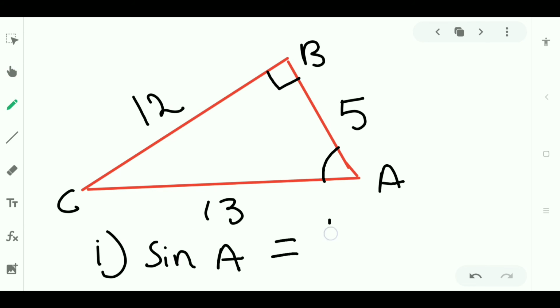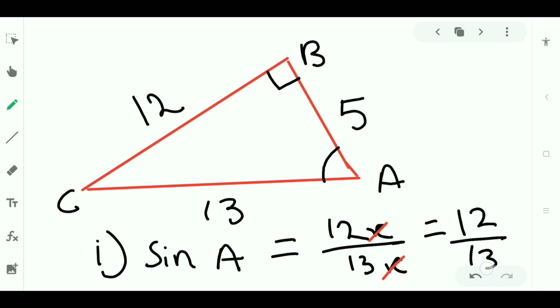So it will be 12x by 13x. While writing, you have to write it as 12x and 13x, and here you will be cancelling x and x, which in result gives you 12 by 13. This is the procedure which you have to do in your exam. You cannot directly write it as 12 by 13. You have to take a ratio constant unless it is given a unit.